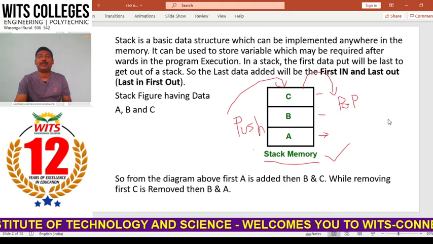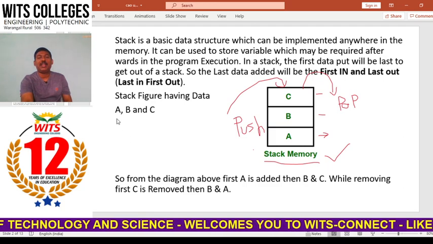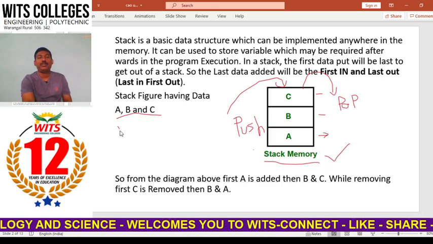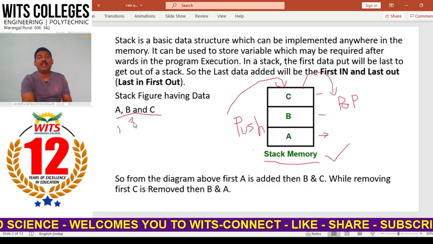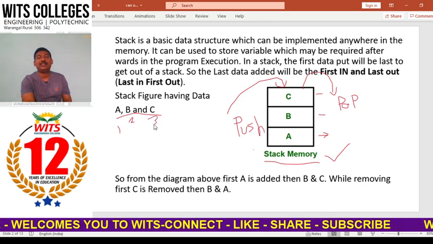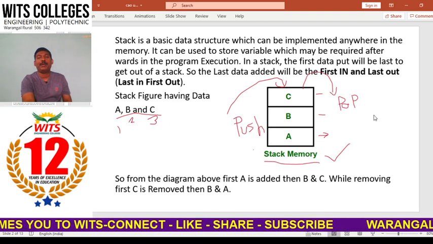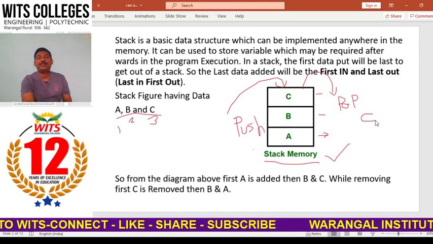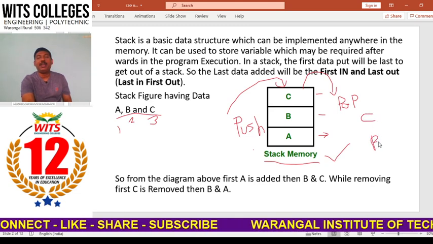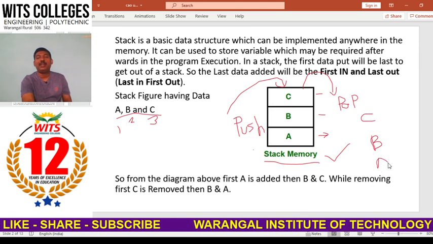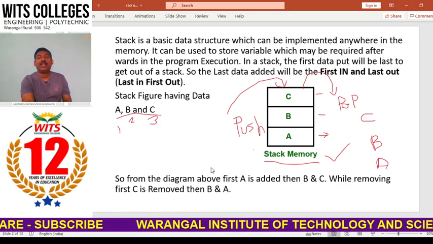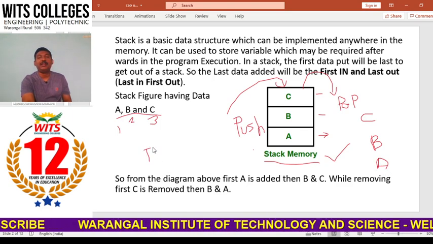Let's take an example: A, B, C. First we pushed A, second we pushed B, third we pushed C. When it comes to pop, first we can pop C, then we can pop B, then we can pop A. So here, what is first in?